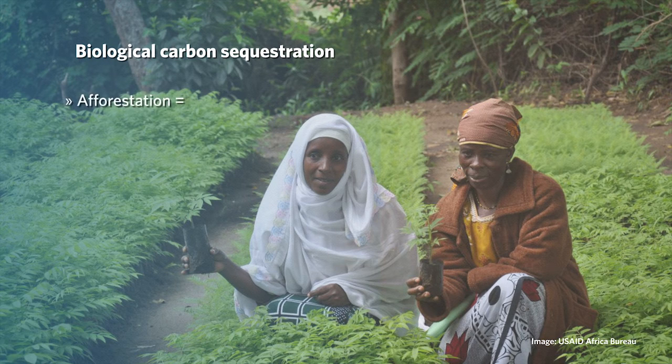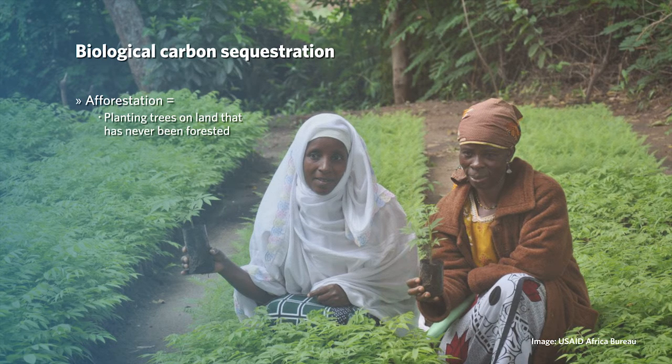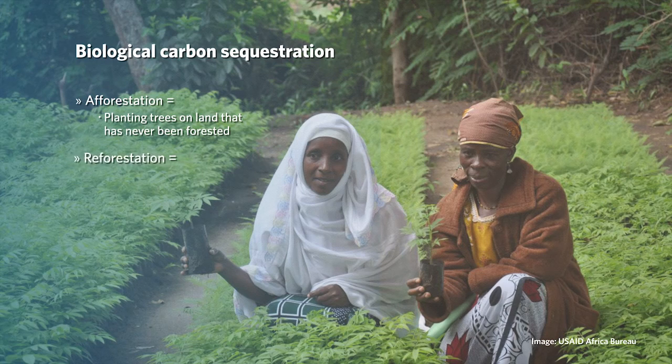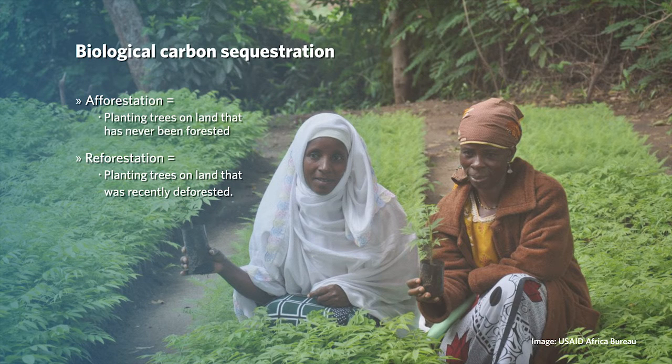The first, afforestation, is planting trees on land that has never, or at least not in recent memory, had trees on it. As such, there's a net increase in the amount of carbon that is bound into that piece of land. The other strategy, reforestation, is to replace forests that were recently removed.